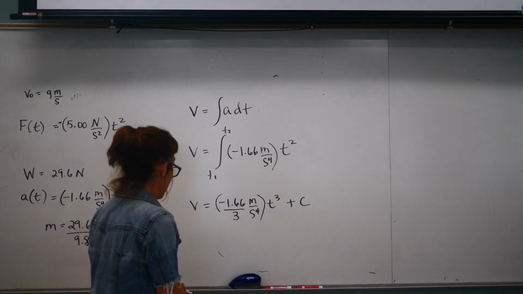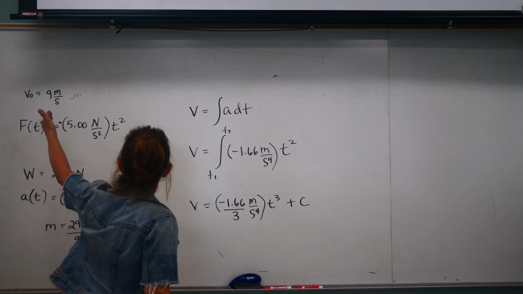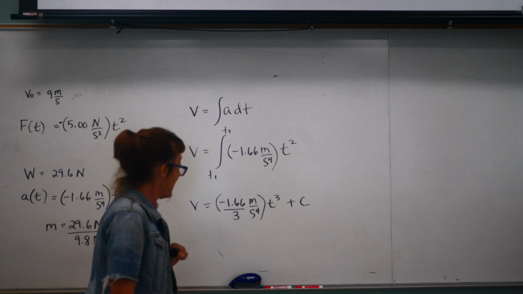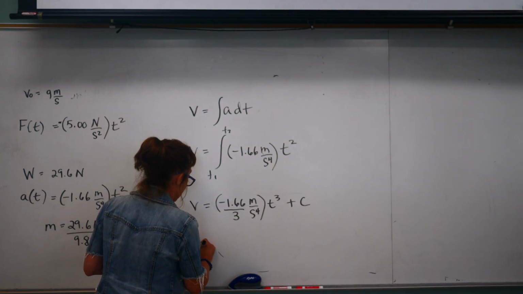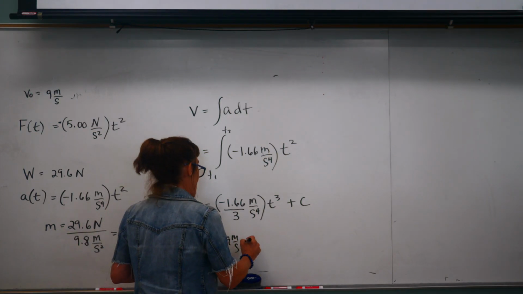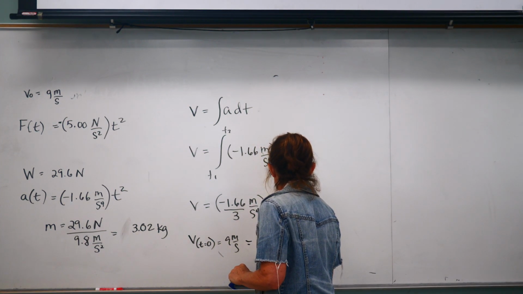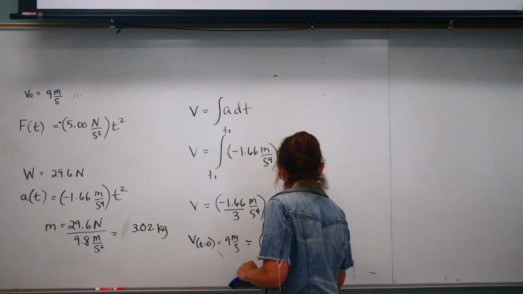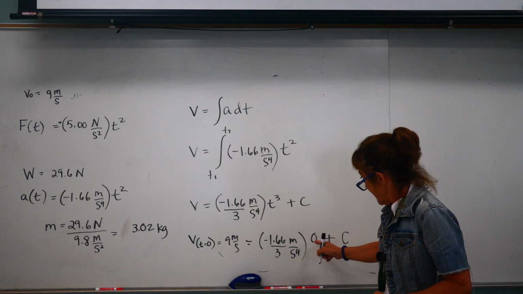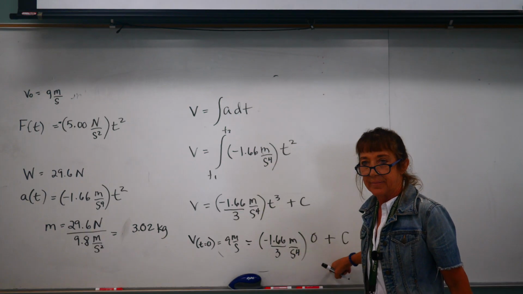So I know that this is our velocity function, and I know that v at t equals 0 is 9 meters per second. So negative 1.66 over 3 times 0 plus c. So this term goes to 0.